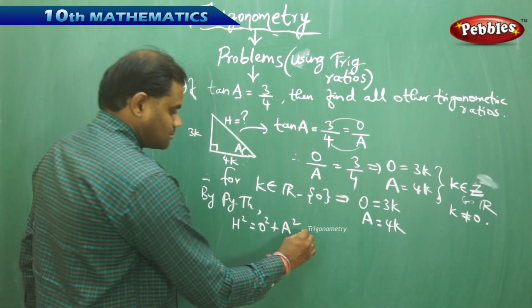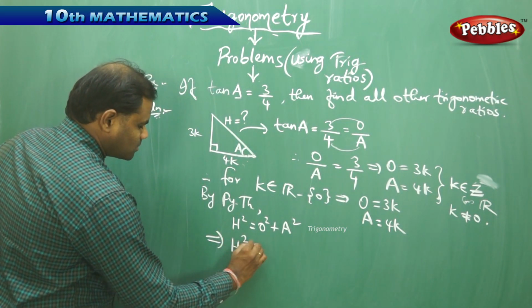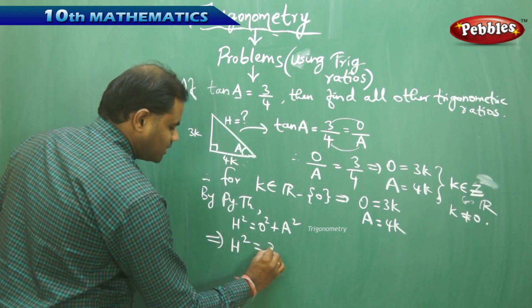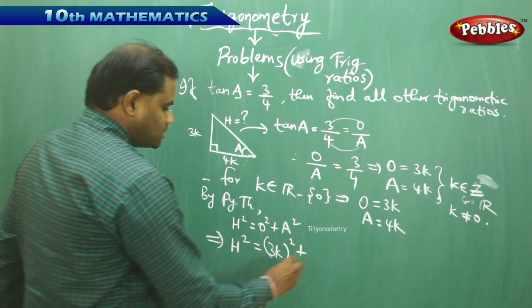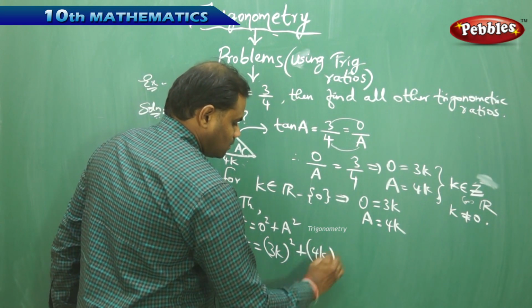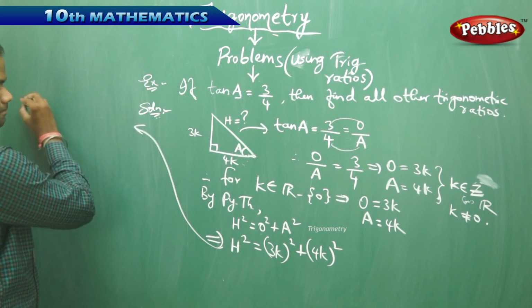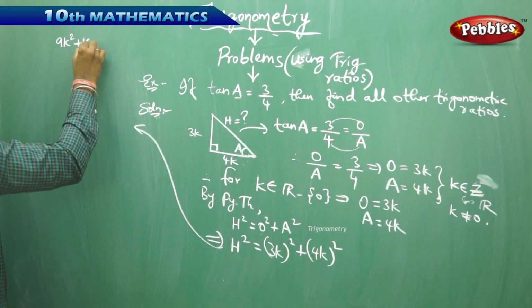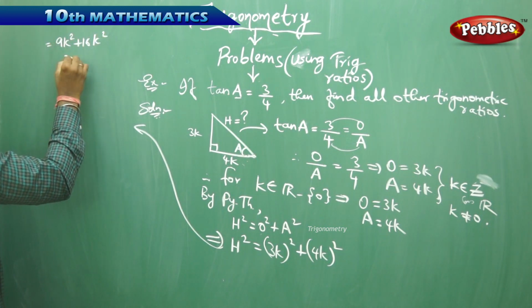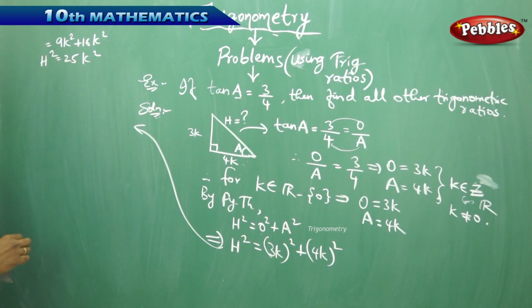This gives hypotenuse square is opposite square, which is 3k whole square, plus adjacent square, which is 4k whole square, which on further simplification gives 9k square plus 16k square, that is 25k square, is h square.